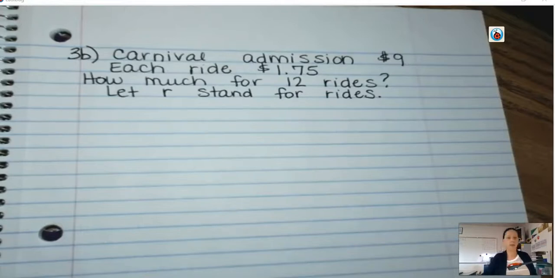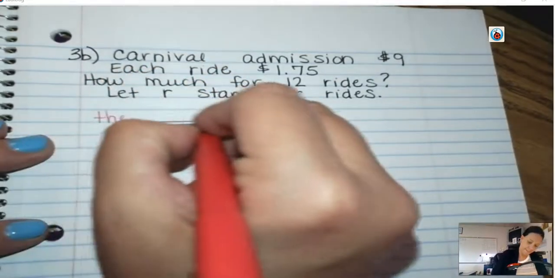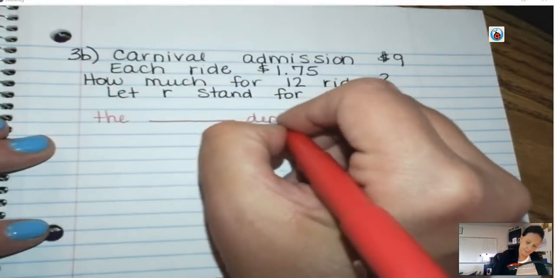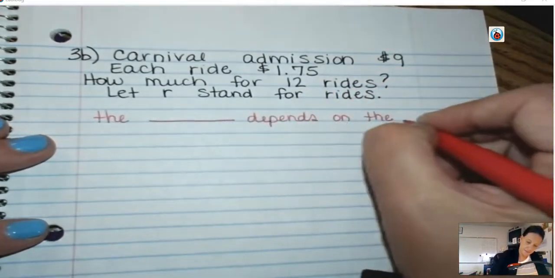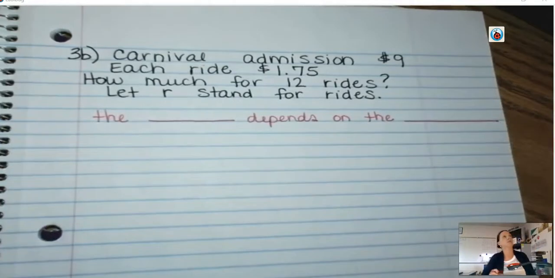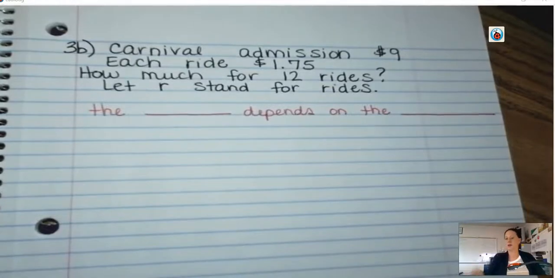So first thing we need to determine is what's independent, what's dependent. The blank depends on the blank. So see if you can figure out what are the two things we're talking about.